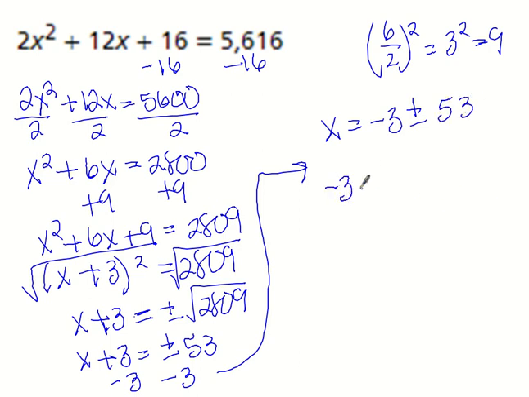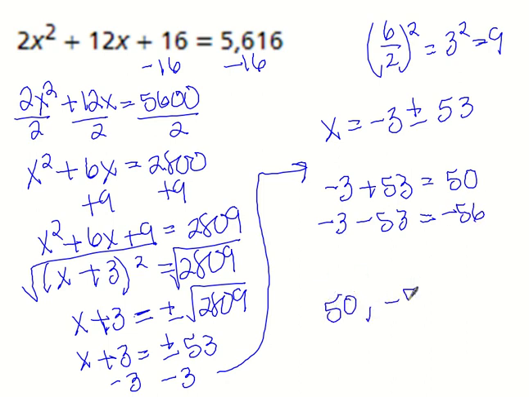I'm going to go negative 3 plus 53 and get 50, I'm going to do negative 3 minus 53 and get negative 56. And we would actually say our answers are 50 and negative 56 because they come out as a very nice whole number. So try to check these, see if they come out as perfect square roots. It comes in handy, especially for a problem like this.